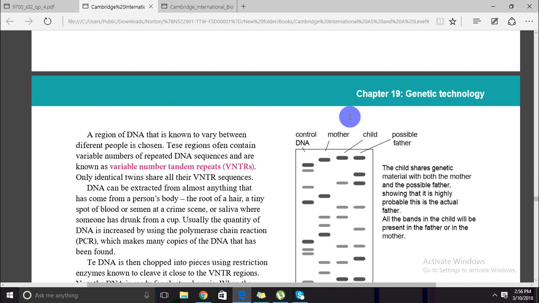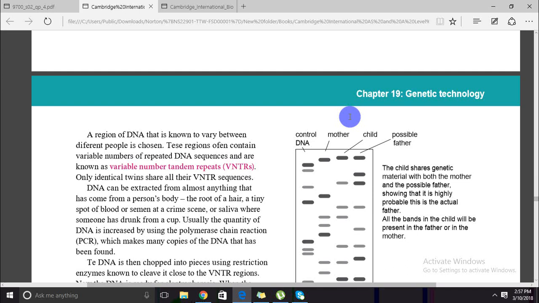Obviously, people, even those who are not related, can have the same number of GAC at a point, but it is unlikely that the VNTR sequence in another part of their chromosome would also be the same. So that is why they compare VNTR sequences for a lot of different places in the chromosome.